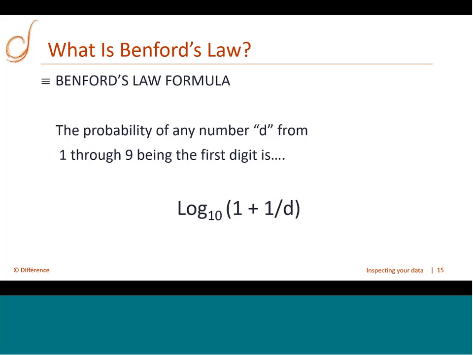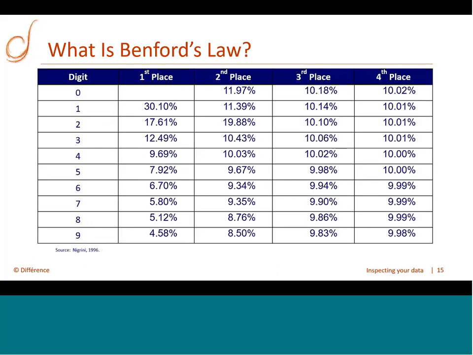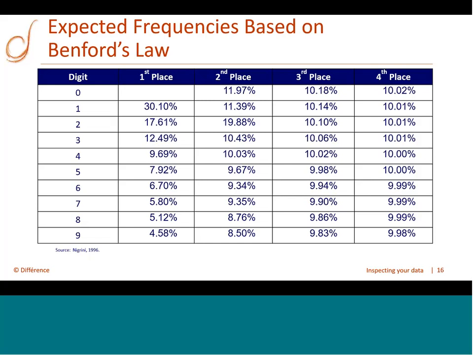If we apply the principle to the first digit in a number, and then we look at the probability of having the digits 1, 2, 3, 4, 5 up to 9 at the second digit, third digit, and fourth digit, what we see is that the digit 1 being in the first place of a number is 30%. 2 is 17%, 3 is 12%, and it goes down like that.